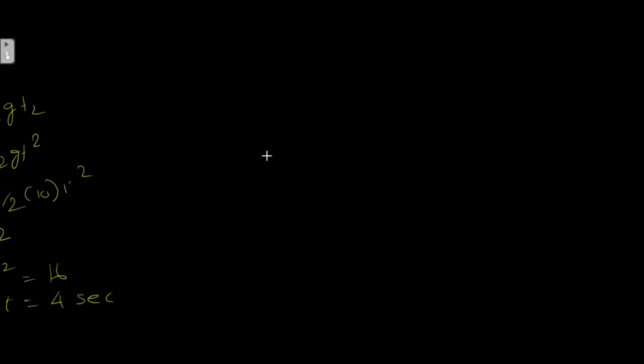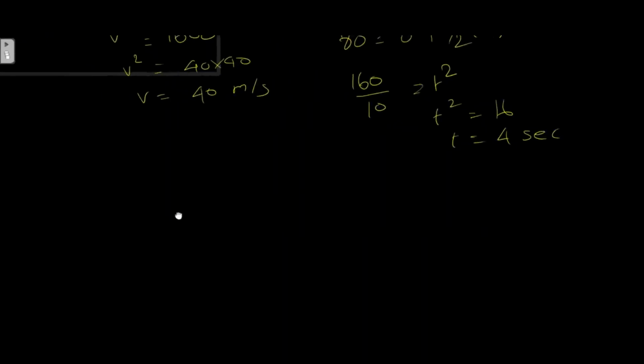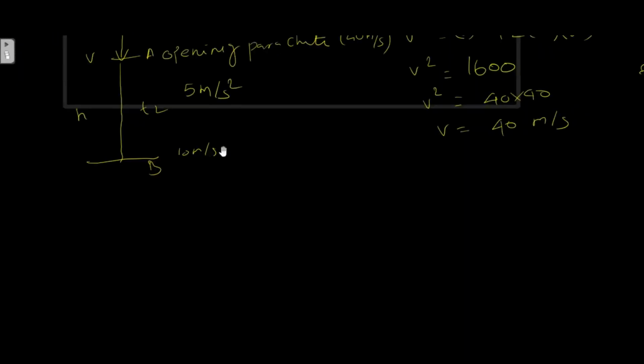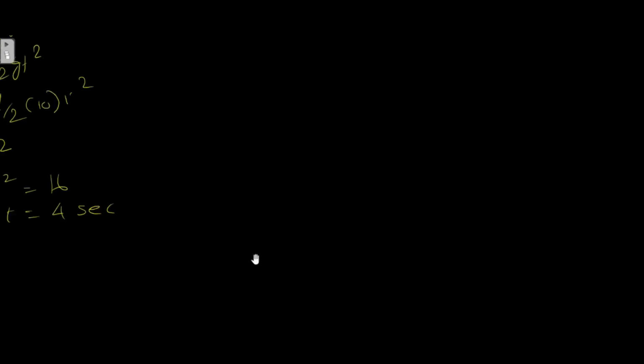Here the final velocity with which he reaches the ground is 10 meter by second. V equals u plus gt. The final velocity is 10 meter by second, and the initial velocity is 40 meter by second when opening the parachute. Clear?